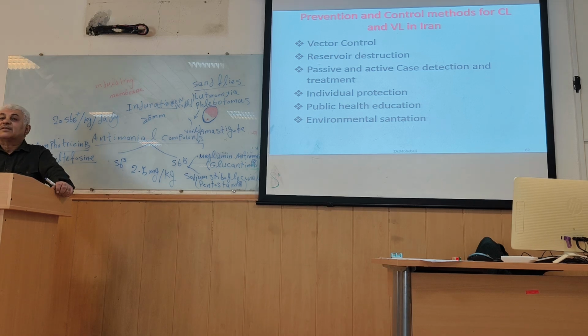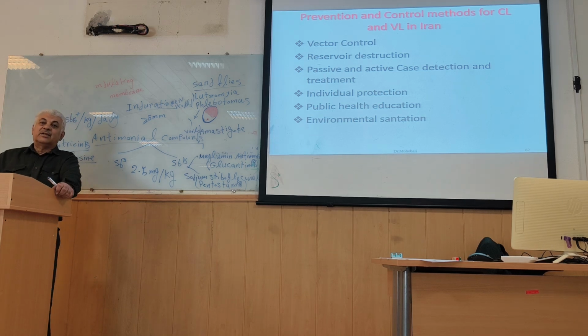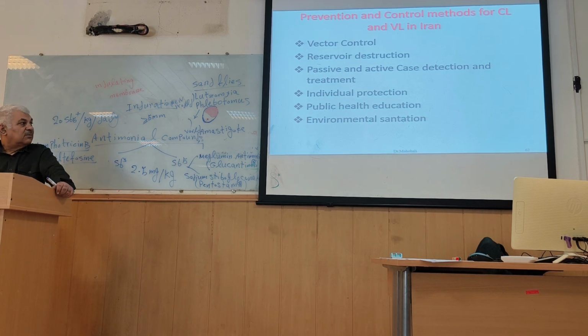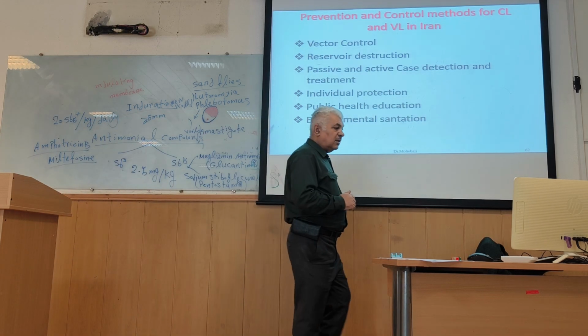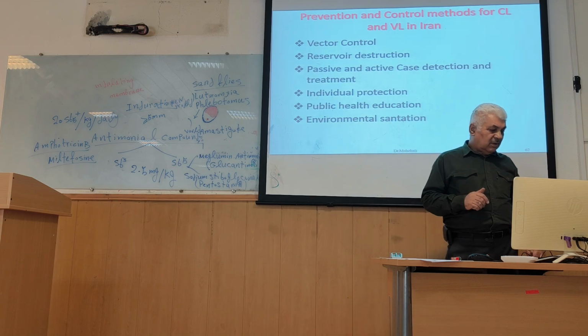Passive and active case detection is very important and helps to lower the mortality rate of visceral leishmaniasis. Individual protection is very important: impregnated bed nets, public health education, and environmental sanitation are very important for the control of leishmaniasis.